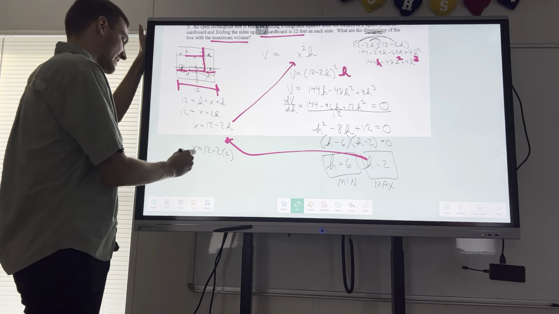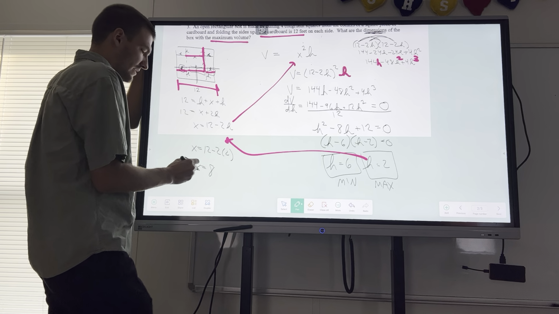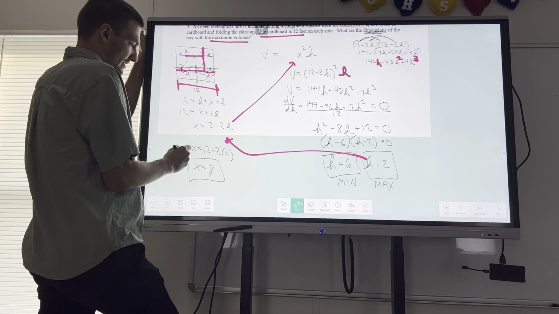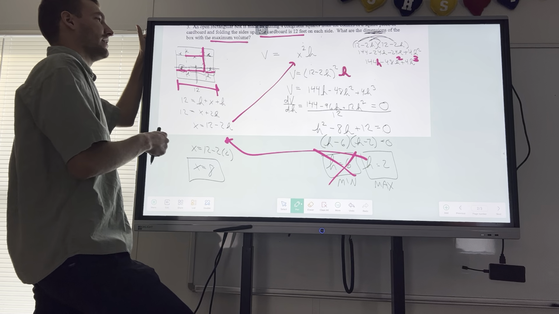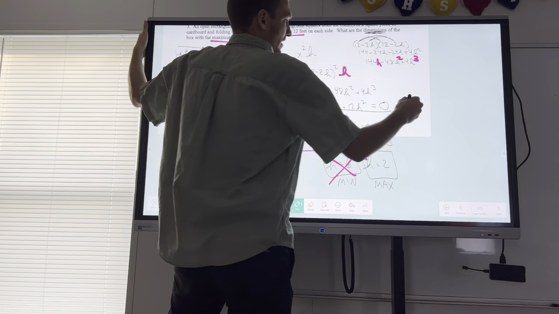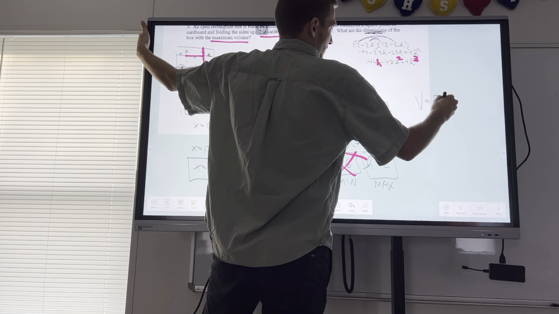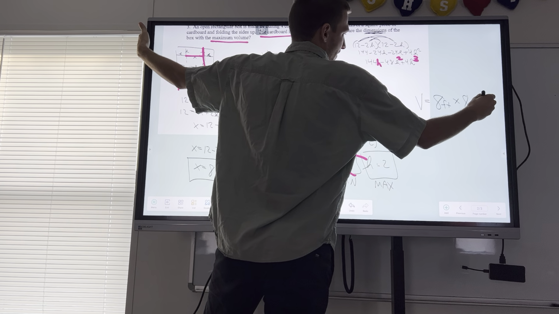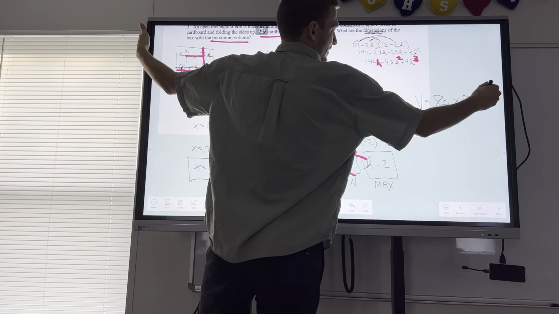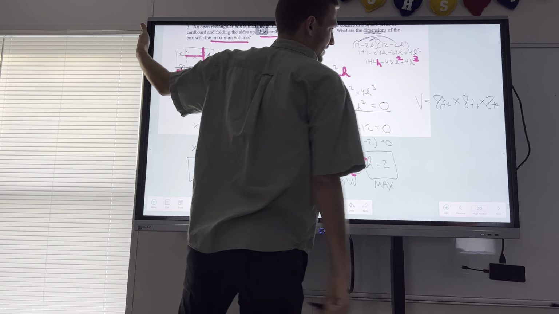X equals 8. And so that means that the dimensions of our box should be 8 feet by 8 feet by 2 feet.